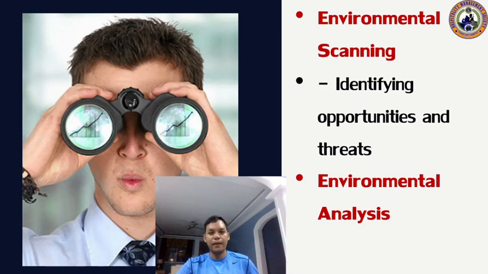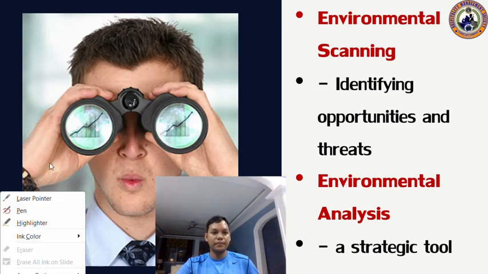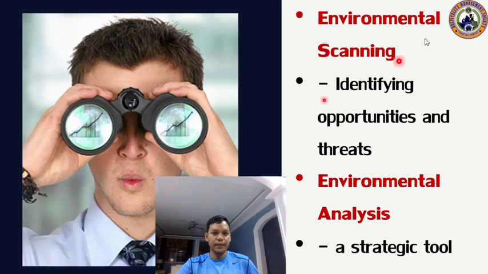Okay, again, a recap or review. Our topic is about the business environment. There are two business environments, the internal and external. So after we identify the internal and external, we need to conduct environmental scanning to identify the opportunities and threats.